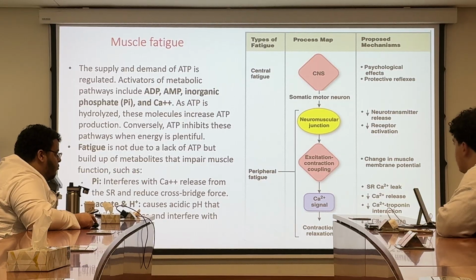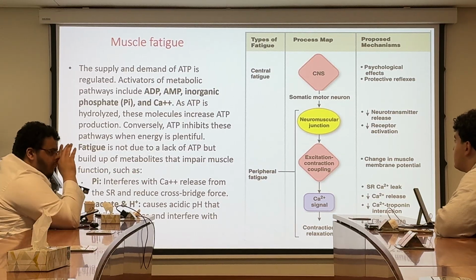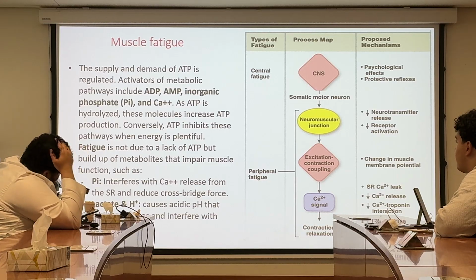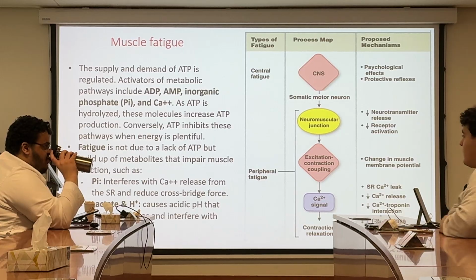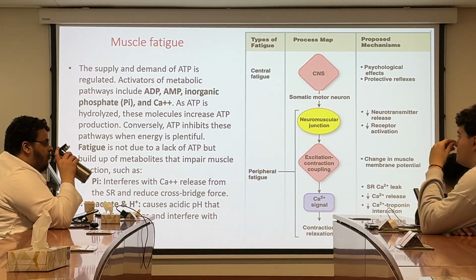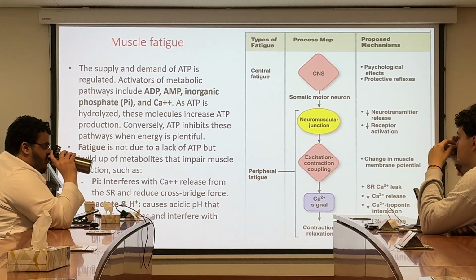Okay. Lastly, because of the metabolic pathways, you're going to produce metabolites. And the major metabolite is lactate, from pyruvate.